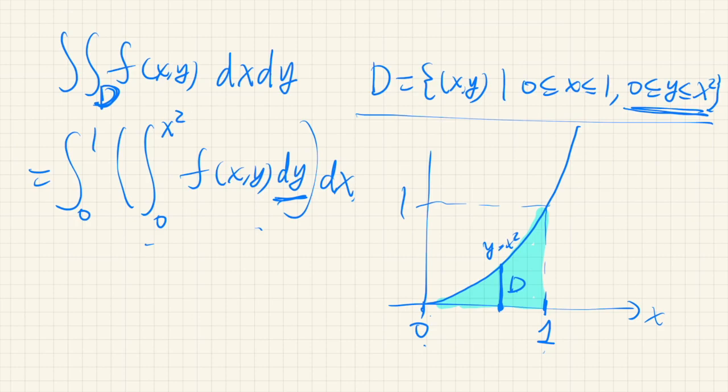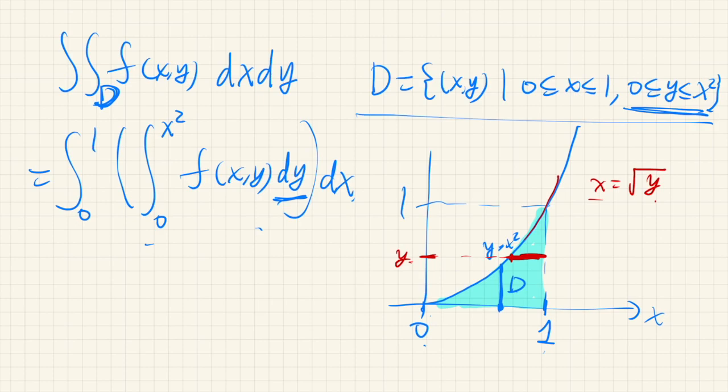Alternatively, we may consider x as a function of y. In that case, we can fix the value of y somewhere. Then the value of x can vary from here to here. Since y is equal to x squared, this curve, as a function of y, can be expressed as x equal to square root of y, right?